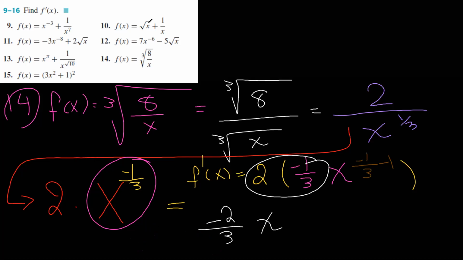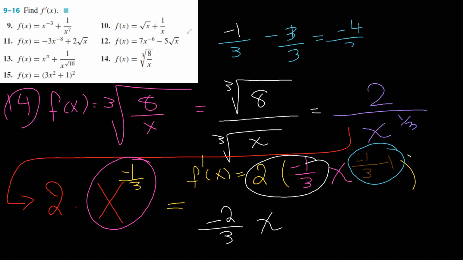How can you find the answer? I want to solve this one, negative 1 over 3 minus 1. Is it right? It can be written as negative 3 over 3. Yes. So negative 4 over 3 after you subtract them. So here x raised to the power negative 4 over 3.